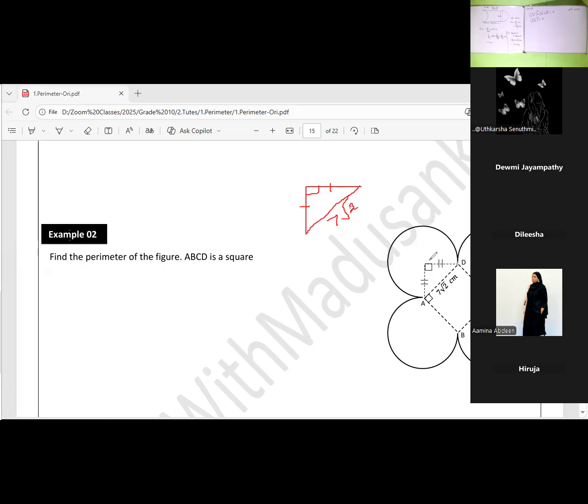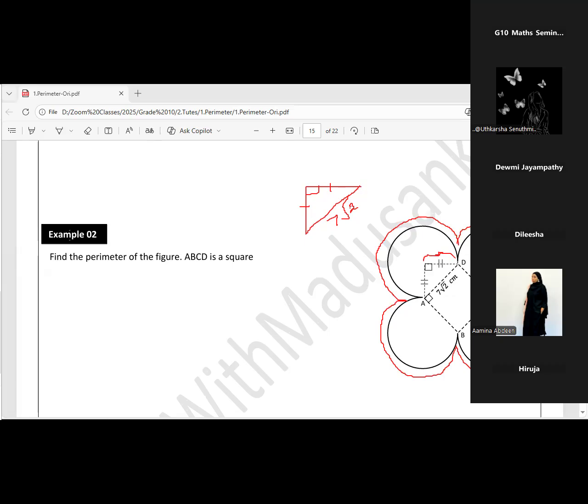You have to identify the quarter of the circle, and find the perimeter of this figure, only the outside length, the red line. It is easy, but if you think too much, you might not get this.